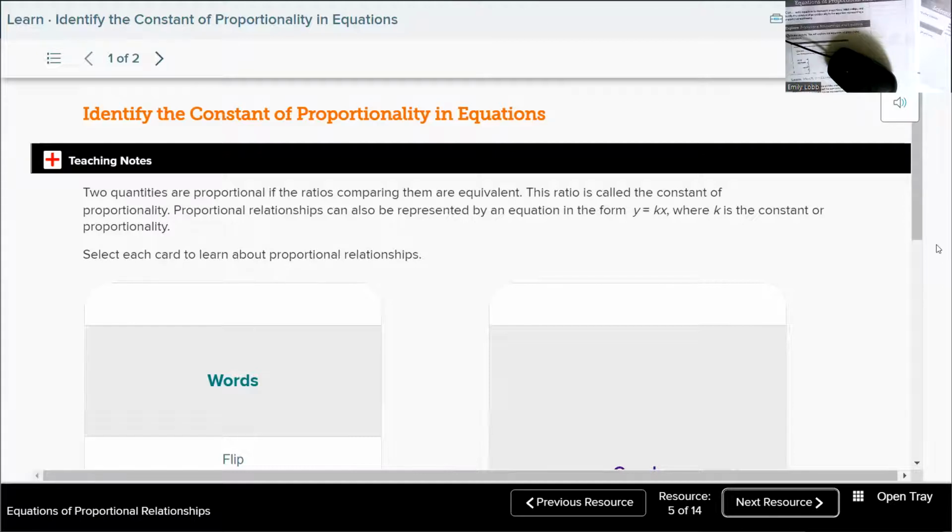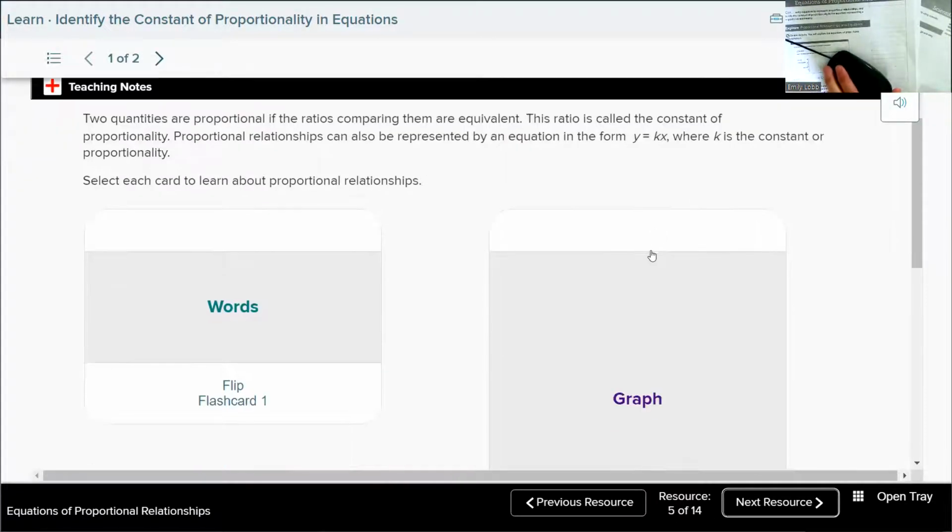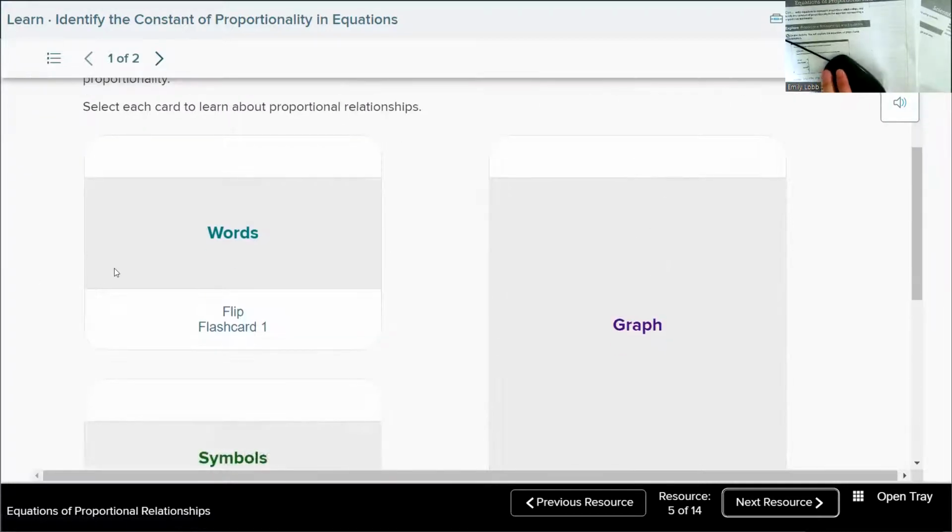We're simplifying. This ratio is called the constant of proportionality. Remember, our constant of proportionality was equal to our unit rate. Proportional relationships can also be represented by an equation in the form y equals kx, where k is the constant of proportionality. So here's your words.